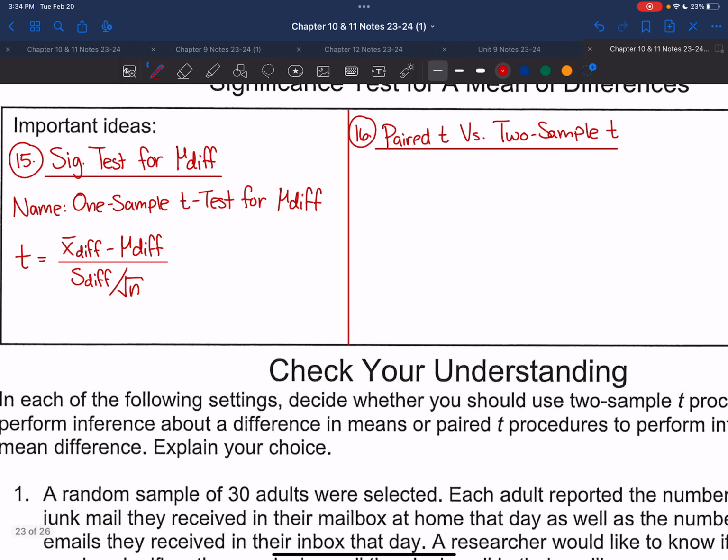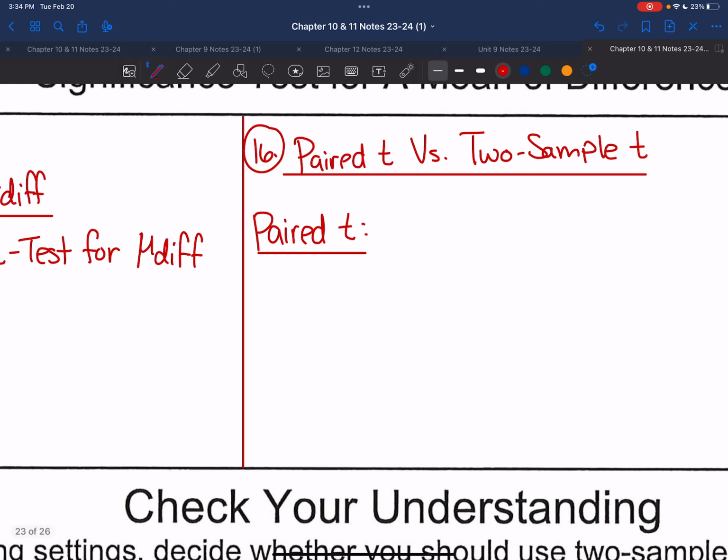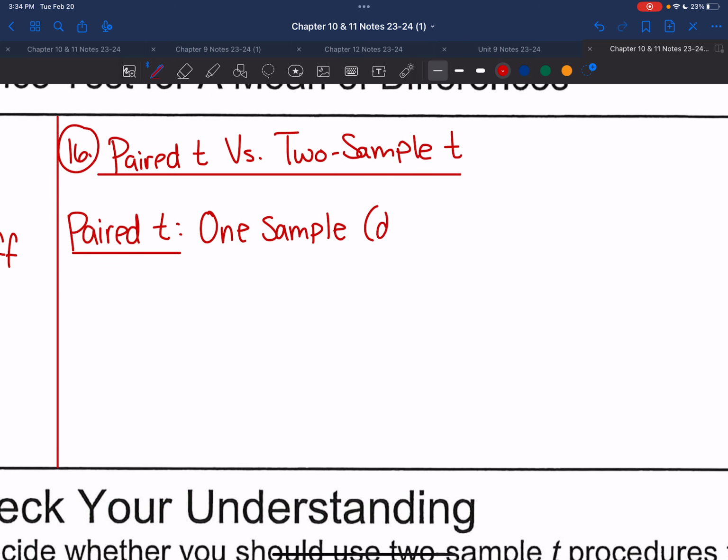All right, so for paired t, typically there's one sample. In other words, the data are paired. So like in the case with the strategy, you're trying to figure out which strategy works better, strategy 1 or strategy 2.